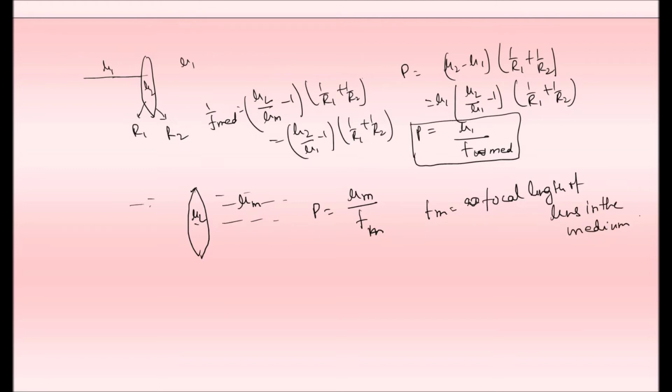We have also learned the concept of surface power, and if we add the surface power of two surfaces, then we get the surface power of a lens. So based on that concept, we will calculate the power in different kinds of situations.